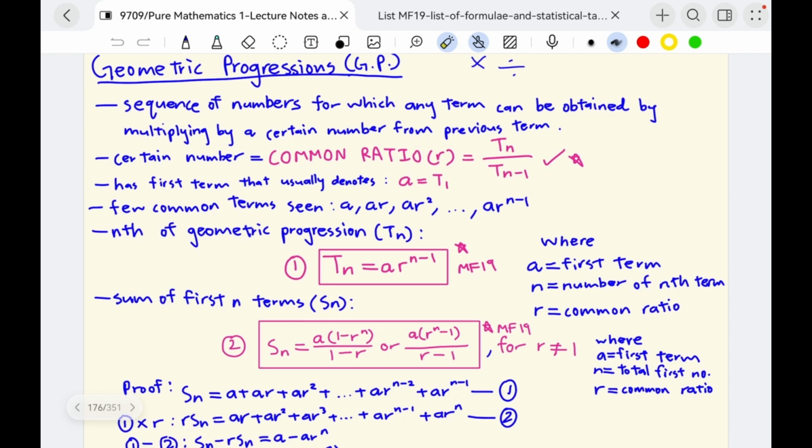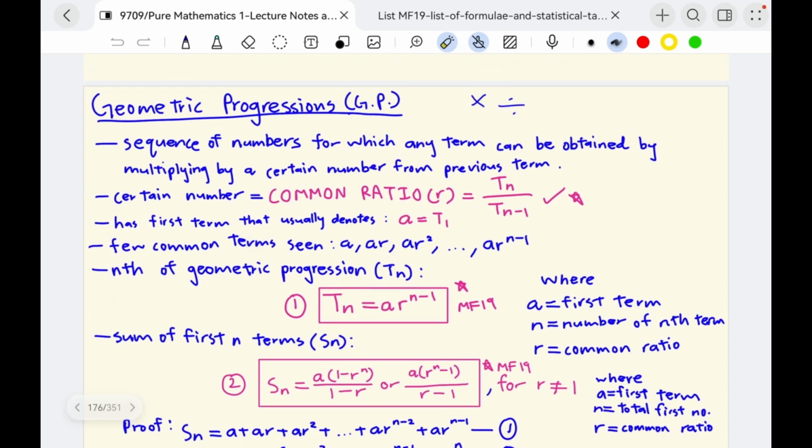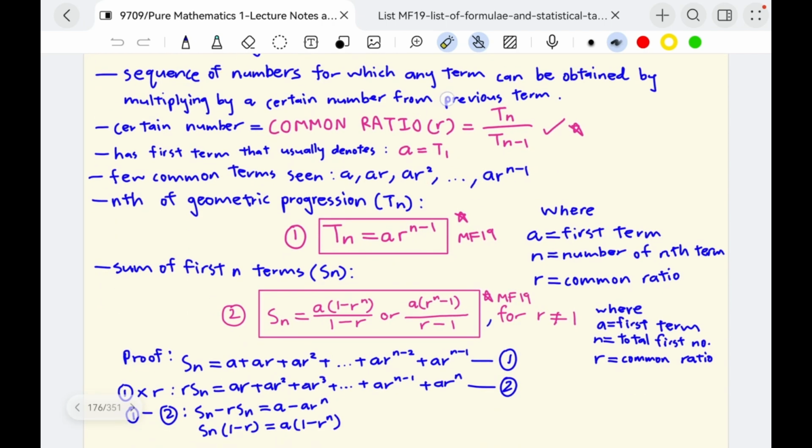Also, it has the first term that usually denotes a. This one I'm not going to explain too much here. There are a few common terms seen when dealing with questions of geometric progressions, which are a, ar, ar squared, and so on, to get ar to the power of n minus 1.